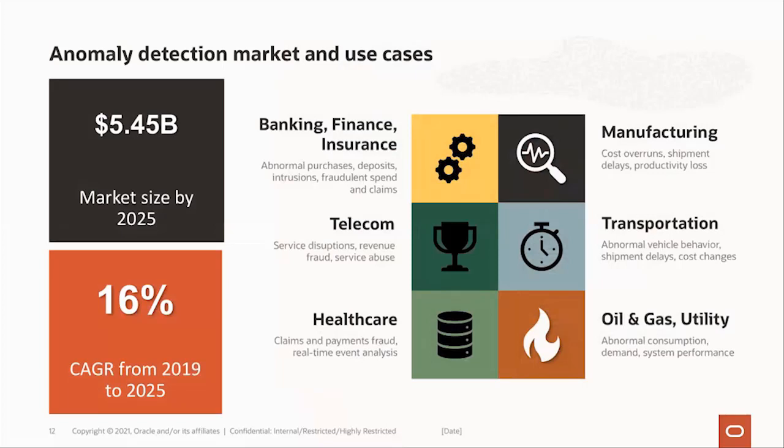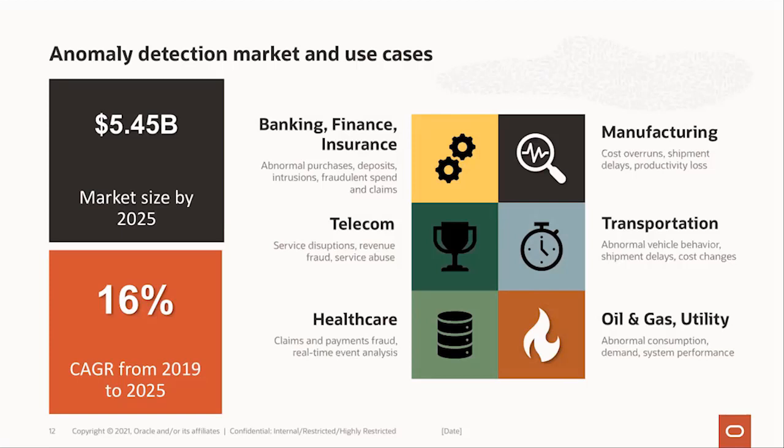If you're in the banking, finance or insurance sector, you can do anomaly detection on abnormal purchases, deposits, fraudulent spend claims, and things like that. You could also do it on your assets, like ATM health: whether there is an abnormal number of visitors at the ATM booth, or a non-bank card being used in the ATM. Those kinds of use cases you could do in banking.